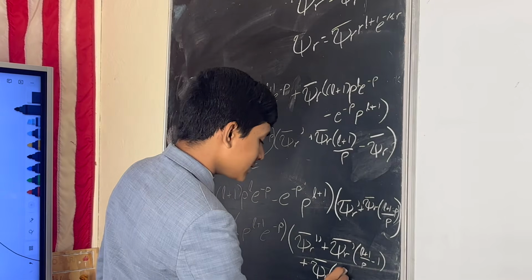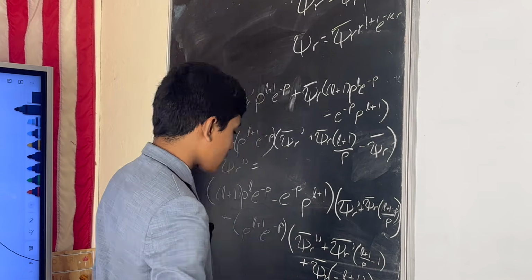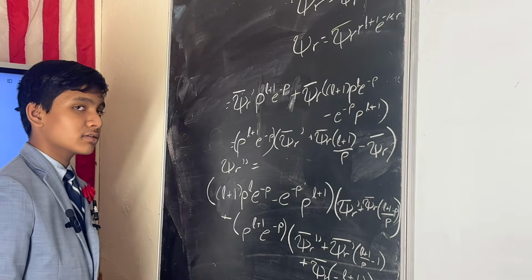Well, it becomes minus (L plus 1) over rho squared. So this is the colossal form of the second derivative.